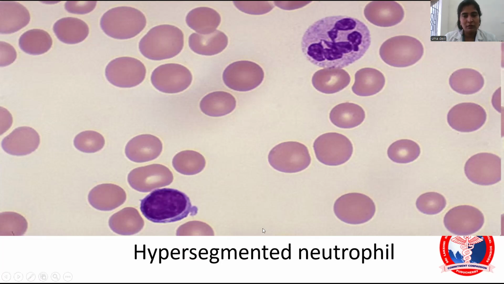More than 5 lobes is called hypersegmented. Since RBCs are covered in the disorders, it's mainly seen in WBCs, in cases of which type of anemia? Mainly in megaloblastic anemia. Maturation is defective, right? Everything related to DNA maturation.